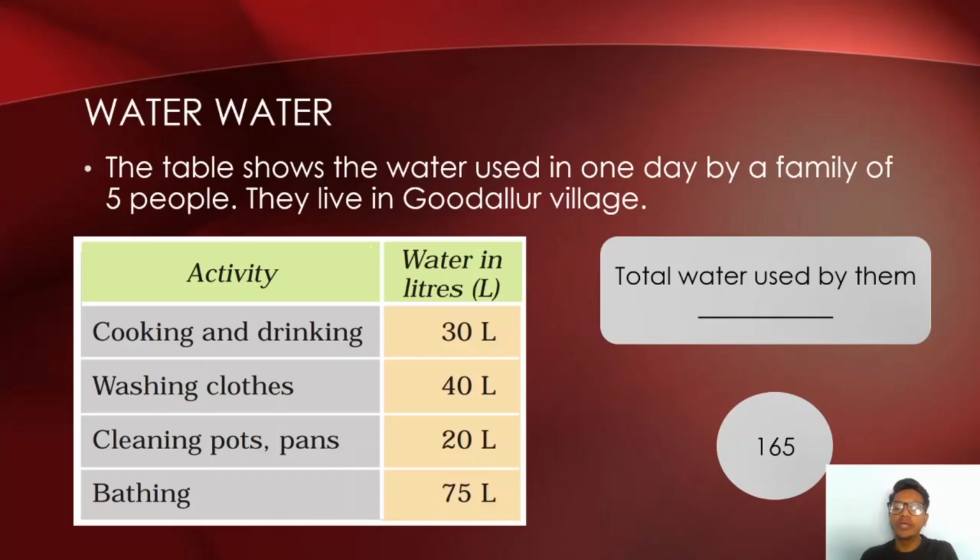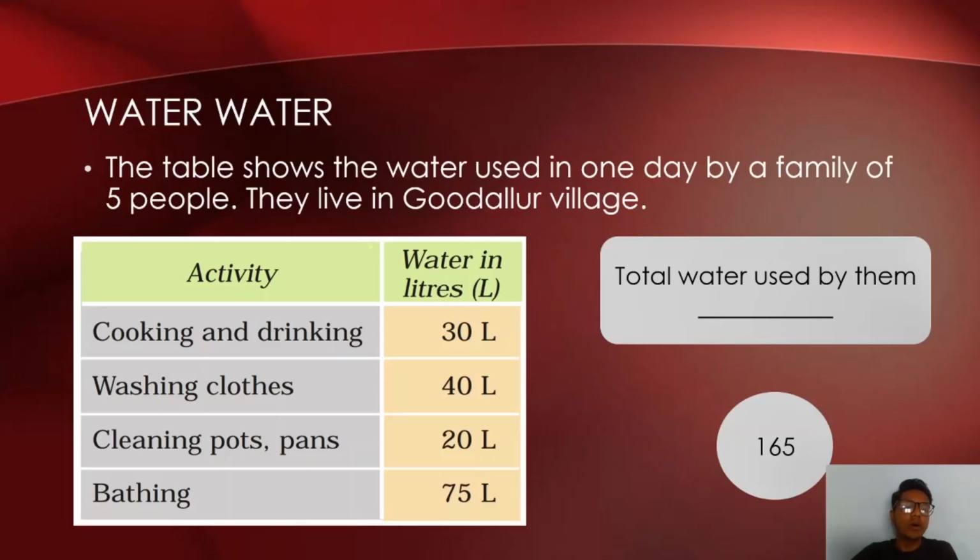For cooking and drinking they use 30 liters of water. Each day they use 30 liters of water for cooking and drinking. For washing clothes they need 40 liters of water. Then for cleaning pots and pans they need 20 liters, and for bathing they need 75 liters.